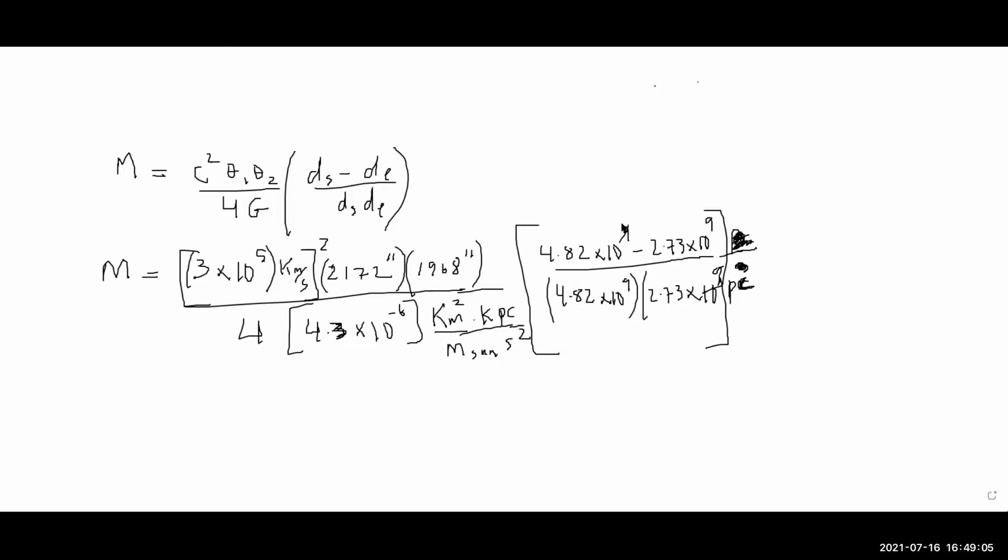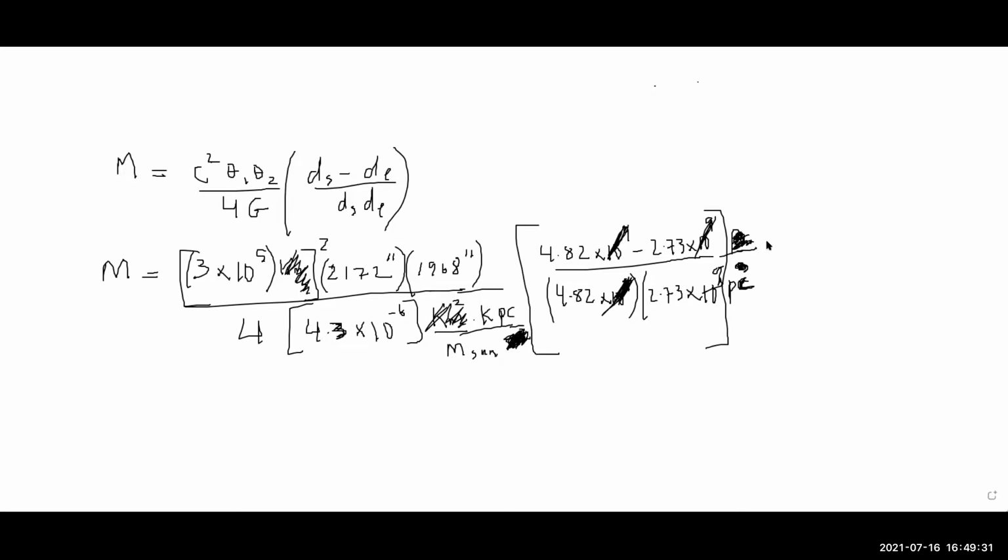This 10 to the 9th factors out and cancels with one of the 10 to the 9ths. Kilometer squared over second squared cancels kilometer squared per second squared. Right, and then we're left with parsec.